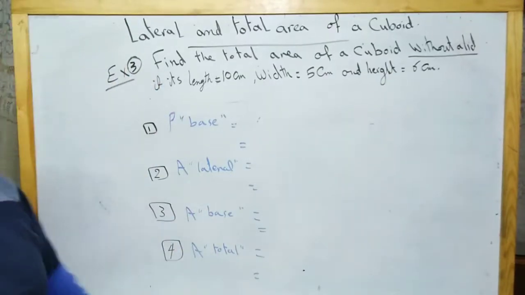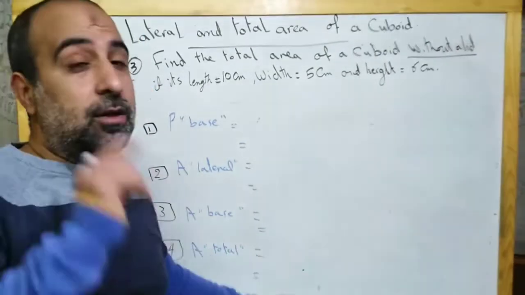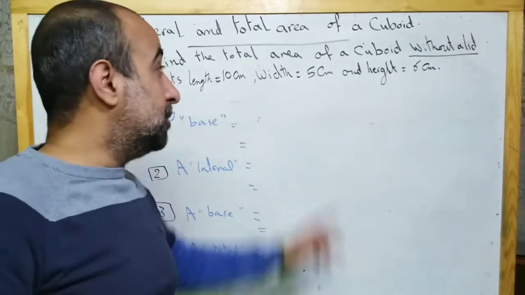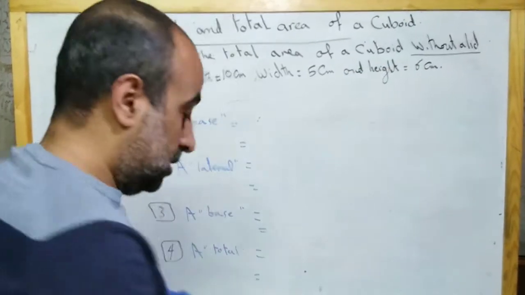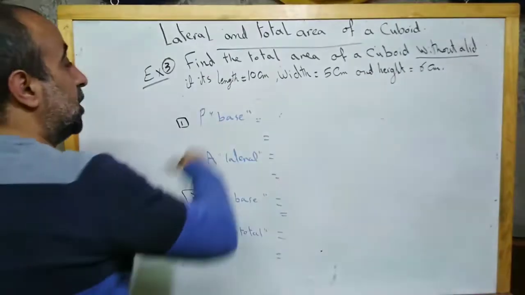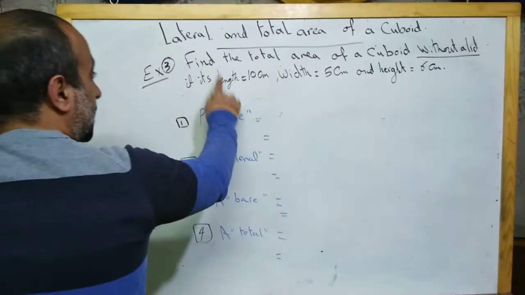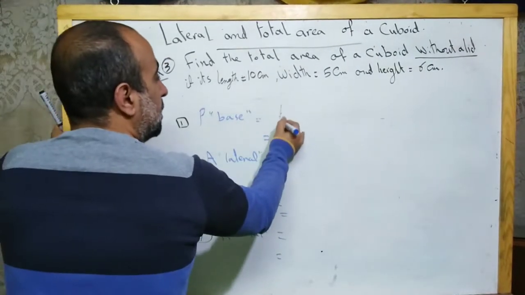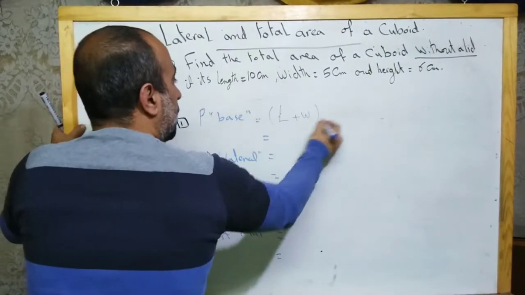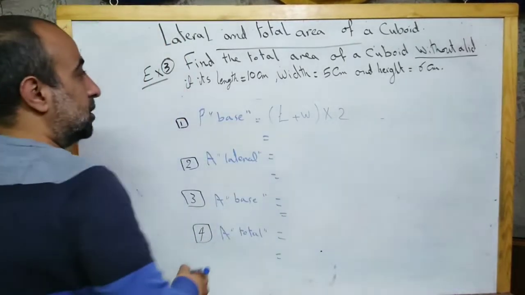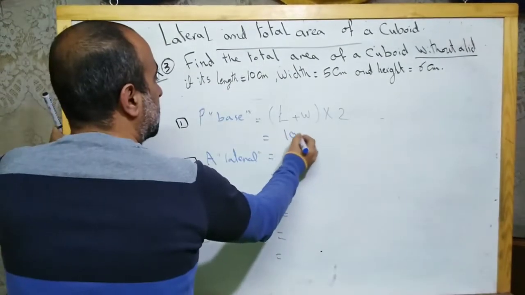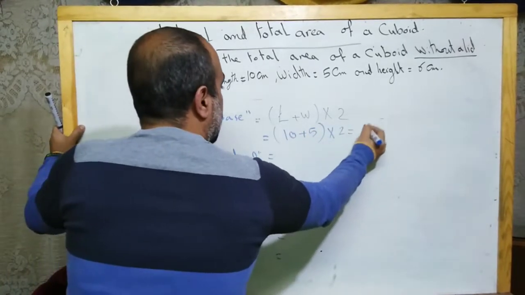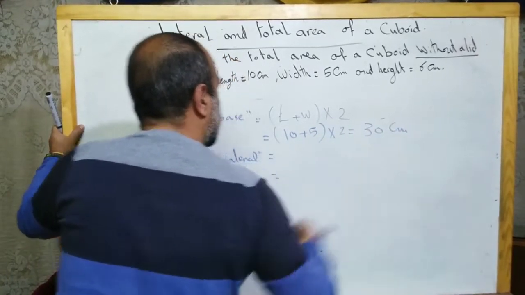The 4 steps, the same 4 steps, the only change will be in the last step. It will be just one base because it's without a lid. The base is in the shape of a rectangle because it has length and width. So the perimeter of the base, length plus width, all times 2. Make the substitution, length is 10 plus width is 5, all multiply 2, it means 30 centimeters.